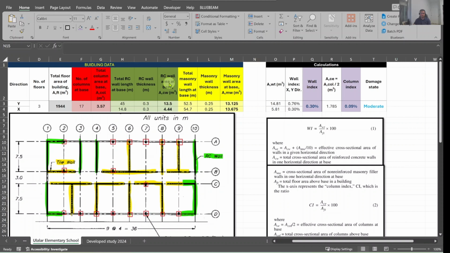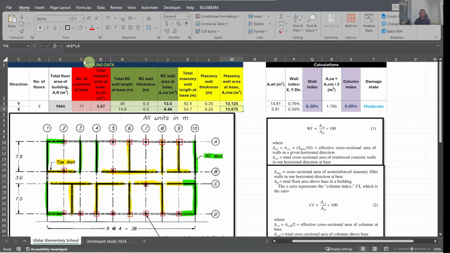So the total cross-sectional area of RC walls is easily calculated by multiplying the length by the thickness. Similarly, for masonry walls, we calculate the total cross-sectional area in each direction, X and Y. Length times thickness.